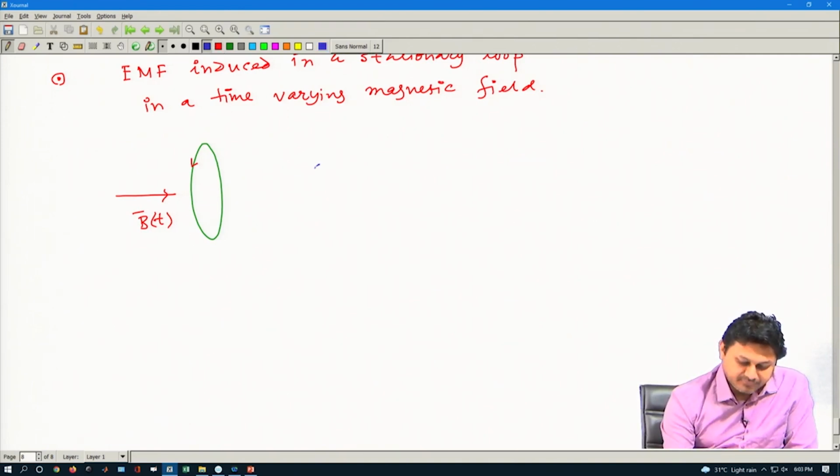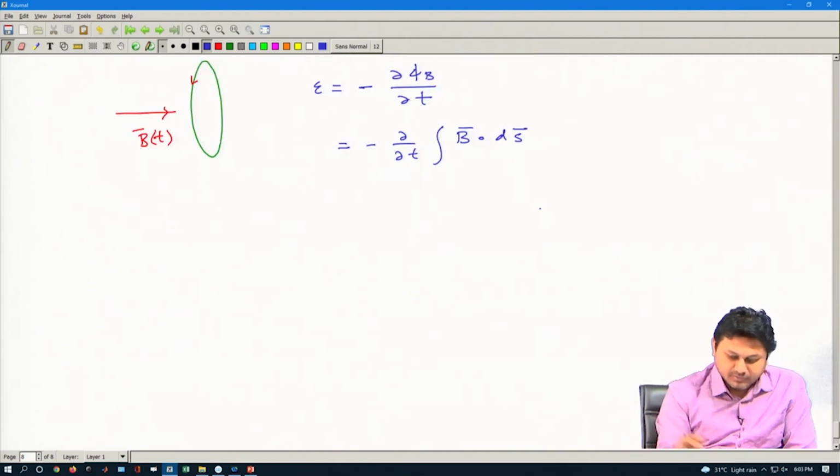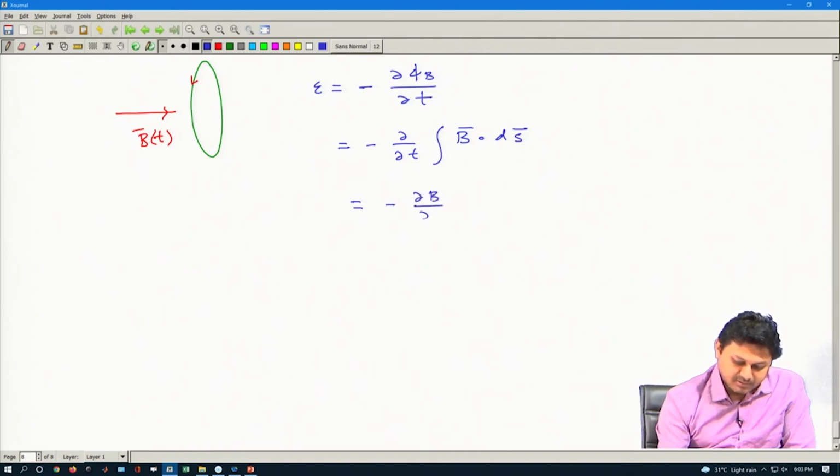So, the EMF that we should have is minus del phi del t, and that is simply minus del t of the integration of B dot dS. S is the area which is not changing. So, I simply have minus del B del t multiplied by the total area S.